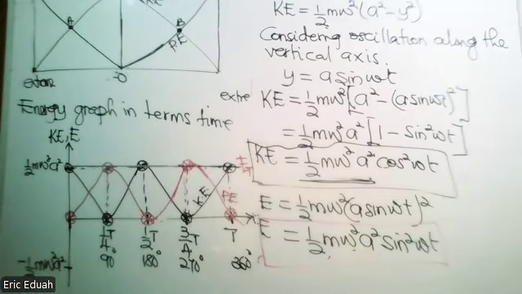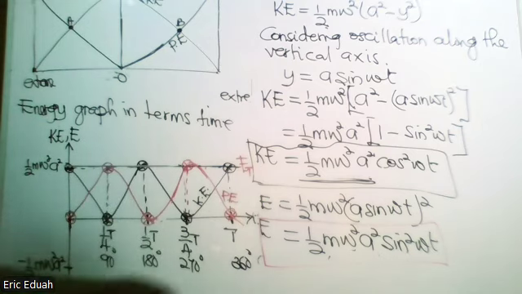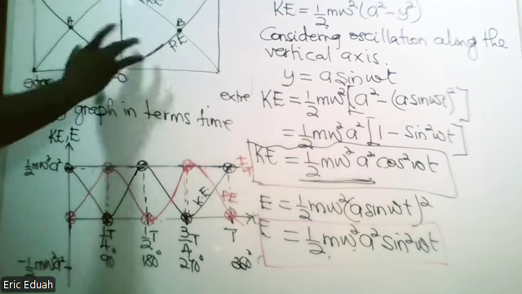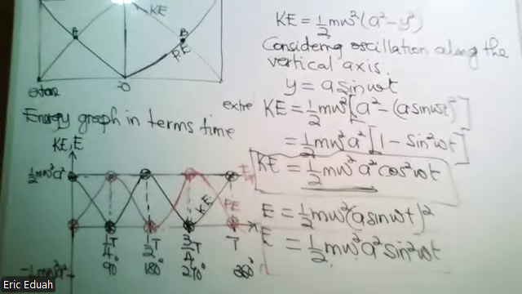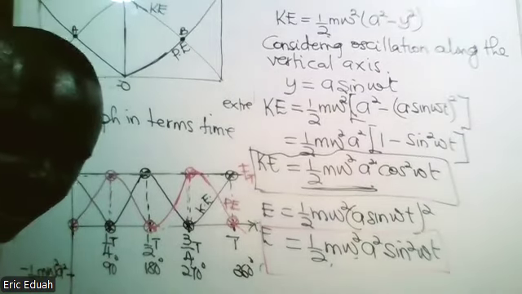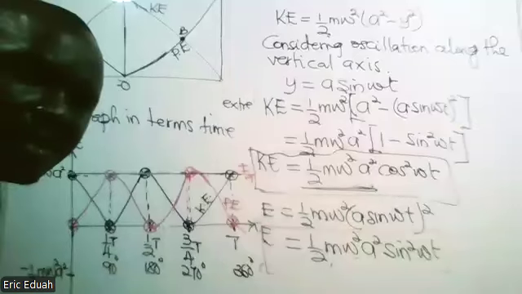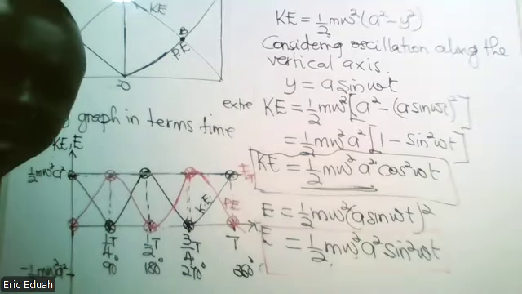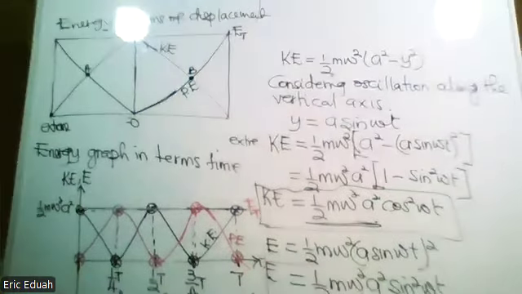Good. So this and this can be seen from here to here. Then we have from here to here. So this is for one cycle, whereas this is for half a cycle. Please, any question? So we have this as the energy graph in terms of displacement.